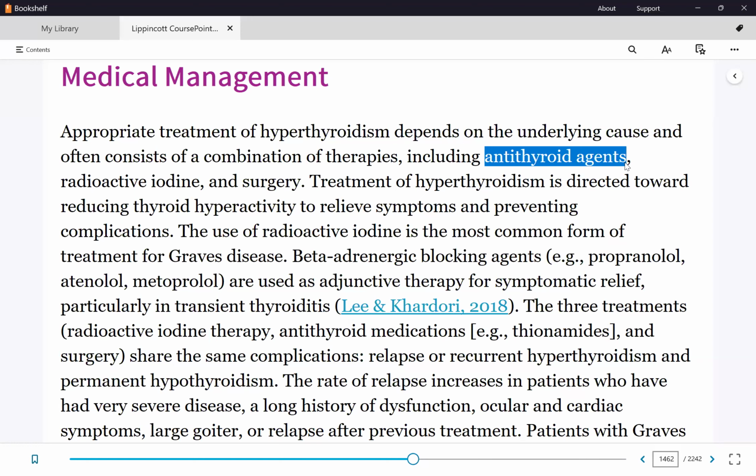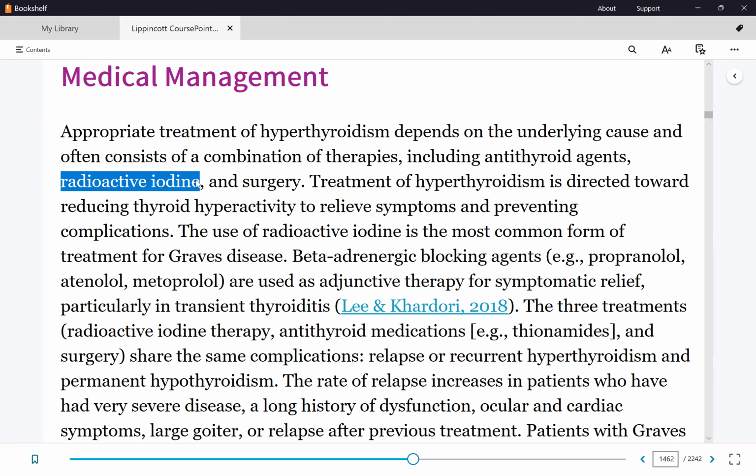Contraceptives. Okay, so they need to stay non-pregnant, because otherwise if they get pregnant while on these, what will happen to the baby? You don't want to find out. Okay, so radioactive iodine, same thing. This can be harmful to pregnancy. Surgery is an option if they don't respond to antithyroid or radioactive iodine therapy.